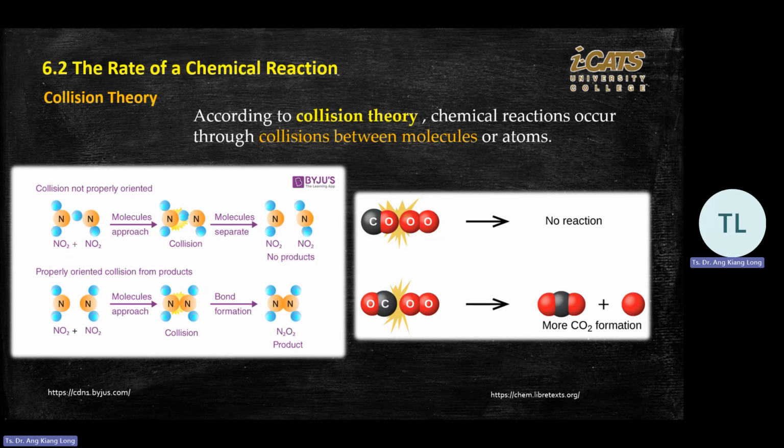Chemical reaction happens. So basically, if the question asks you to use collision theory to explain chemical reaction, you just memorize these two sentences here. You just mention, according to collision theory, chemical reaction happens through collision between molecules and atoms.